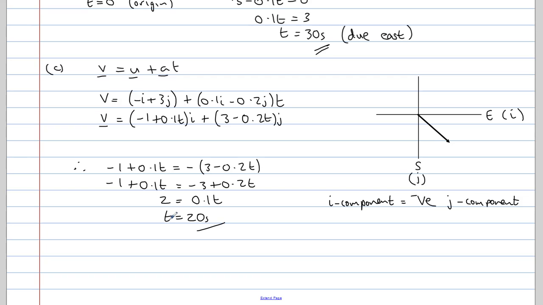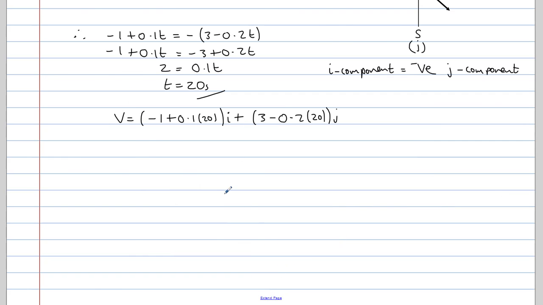With that 20 seconds, we want to find the speed, so we substitute it back into the velocity expression. Because we're going to use Pythagoras, I would make sure that you substitute into the one that's already separated out. So we get v equals minus 1 plus 0.1 times 20 for the i component, plus 3 minus 0.2 times 20 for the j component. This gives minus 1 plus 2, which is positive i, and 3 minus 4, which is negative j.